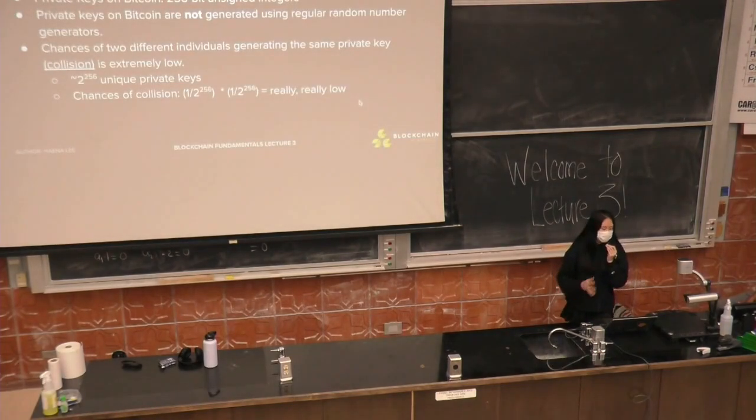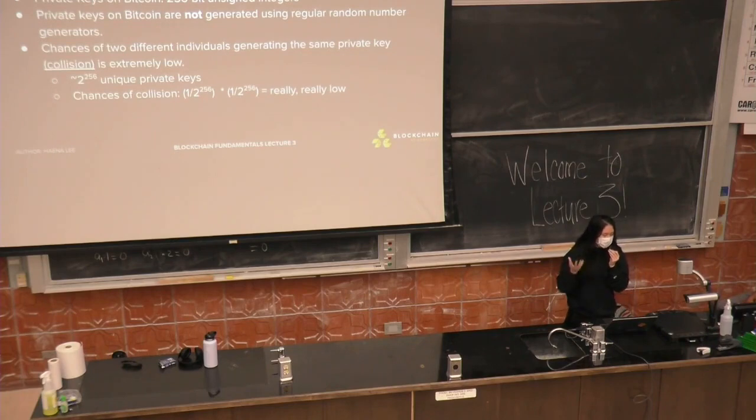Okay, so a little bit more detail about private key generation. Private keys are 256-bit unsigned integers. Again, it can come from a seed phrase, but that phrase will be represented by these integers. They're not generated using regular random number generators. Like the random function in Python, it's not actually random, it's pseudo-random, and the pseudo-randomness is based on the timestamp.